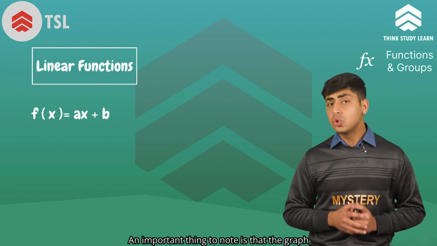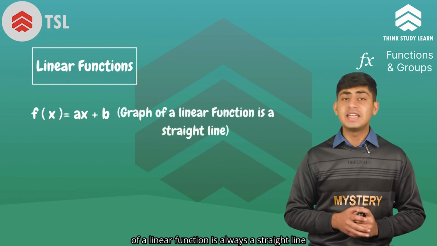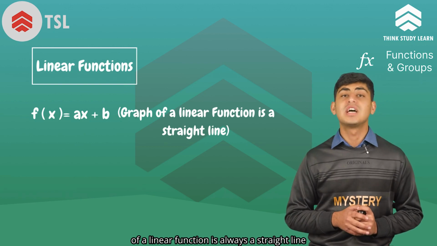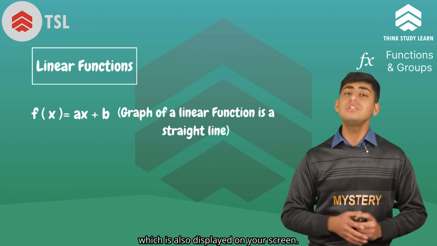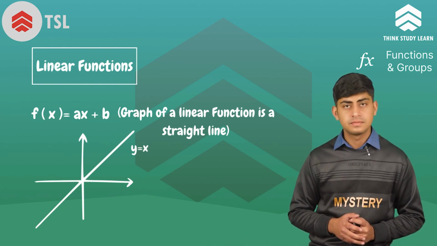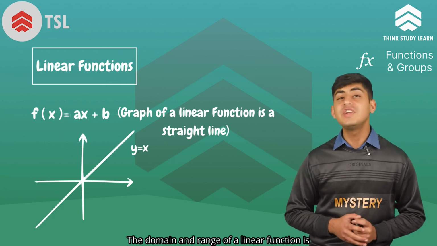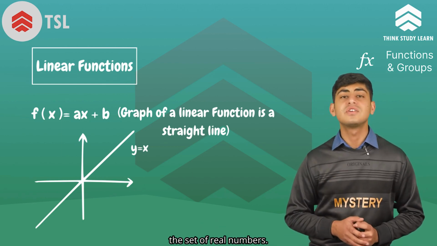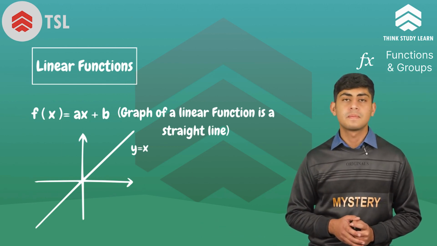An important thing to note is that the graph of a linear function is always a straight line, which is also displayed on your screen. The domain and range of a linear function is the set of real numbers.